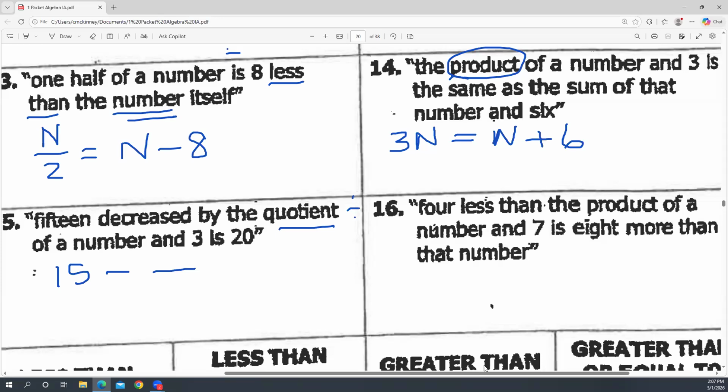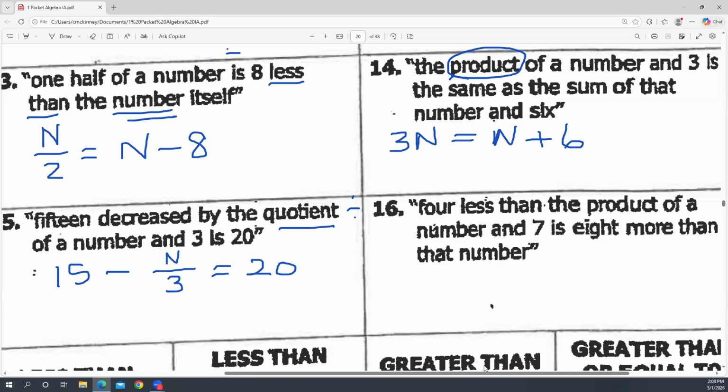So quotient of what? A number, so top to bottom, and 3, and then is 20. So decrease by means we're going to subtract. What are we subtracting? The quotient, so we're subtracting that fraction, and then it is equal to 20.